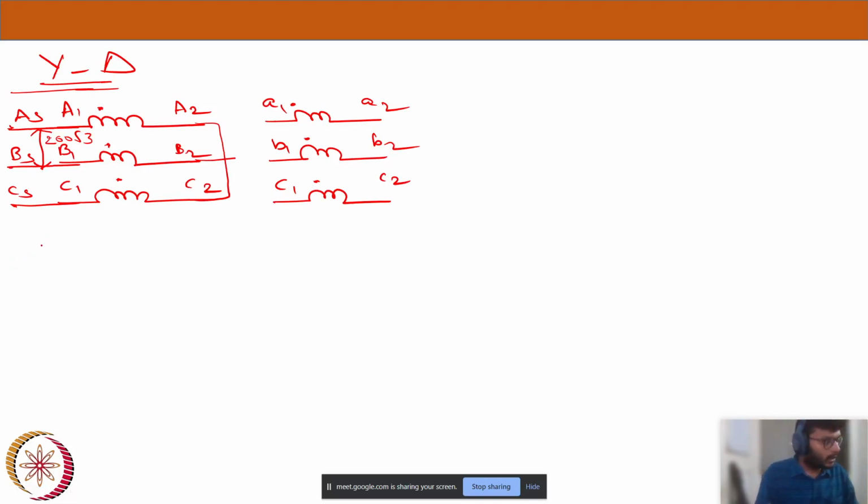So before going into the delta connection, let me quickly draw the phasor of the primary, because I already connected the primary in star fashion. A1, B1, C1. So A2, B2, C2 are at common potential.